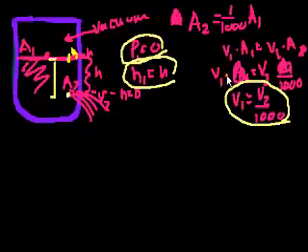But anyway, we know that this top velocity times this top area is equal to the output velocity times, instead of writing area 2, we could write area 1 over 1,000.